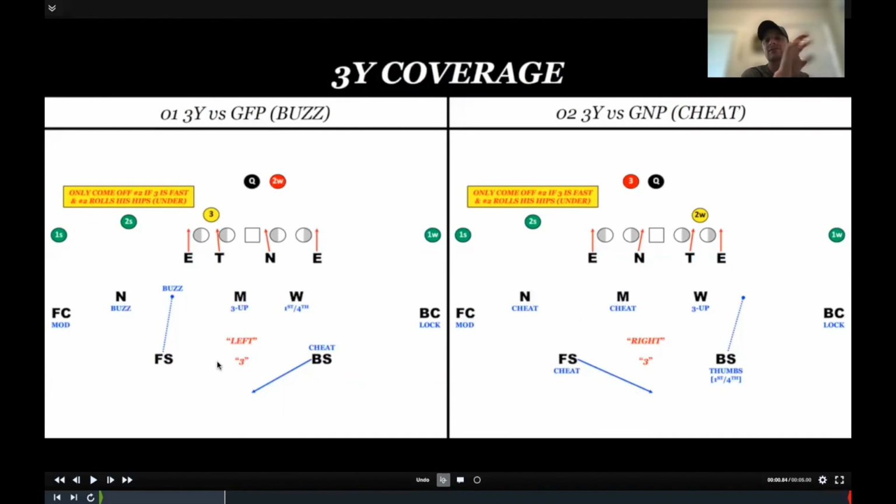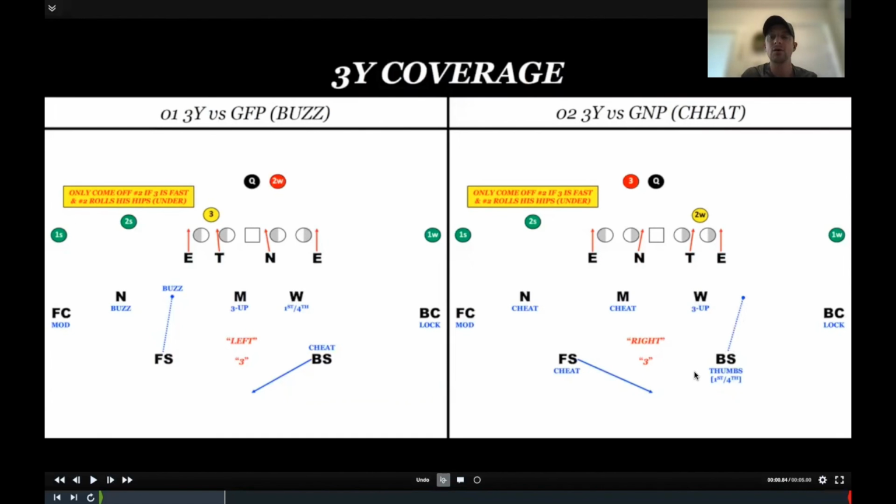But again, if you have taught bracket, you've taught the building blocks for this. It's just now you've got to change how the safeties and the Mike understand what they're doing. You have all these things already in your system. So for instance, the Will already has an idea of, okay, if the safety's down, I don't necessarily have to push with anything out.